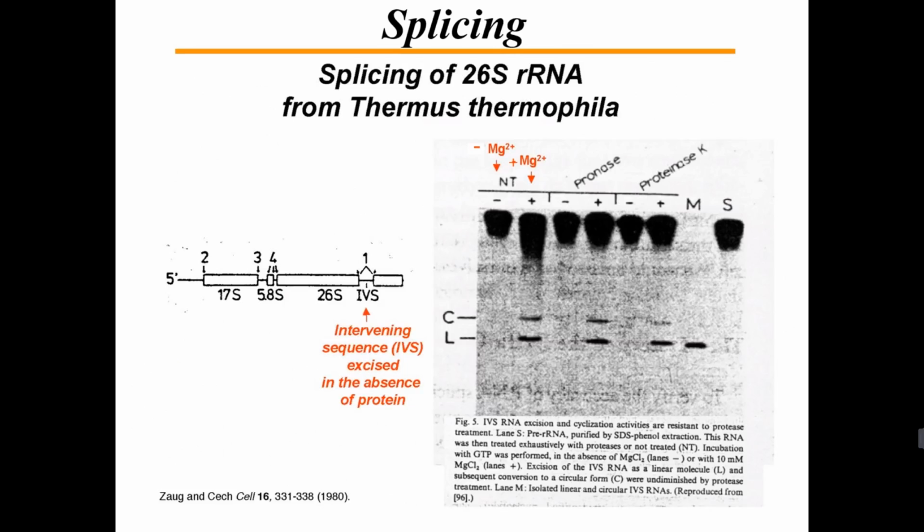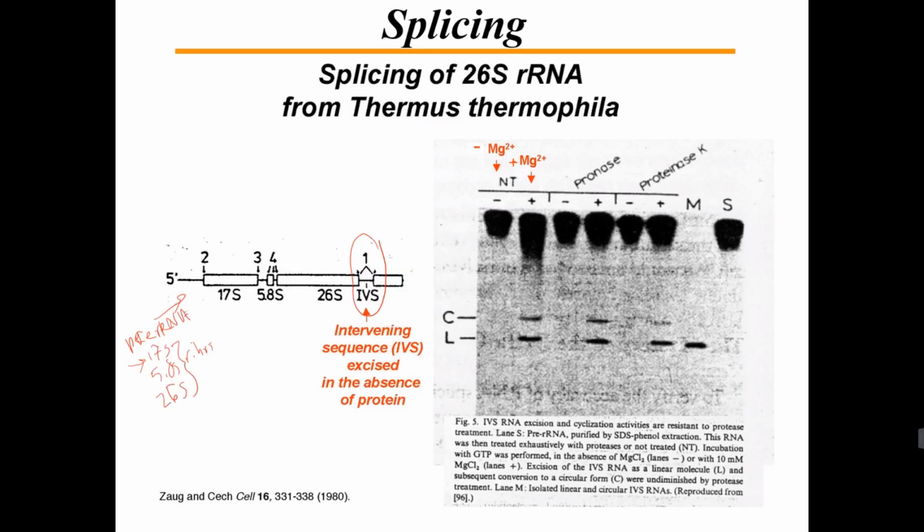And this group 1 intron that they identified was called the IVS, the intervening sequence that was excised in the rRNA, not mRNA, of Tetrahymena, and that resulted in the generation of the 17S, the 5.8S, and the 26S, which all make up the ribosome.